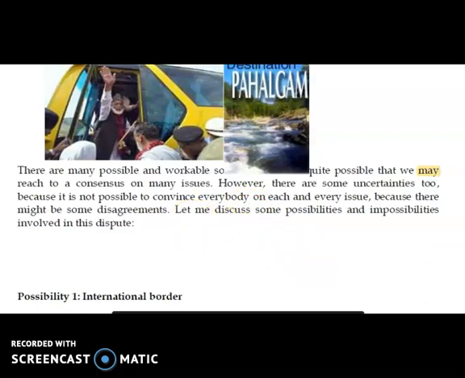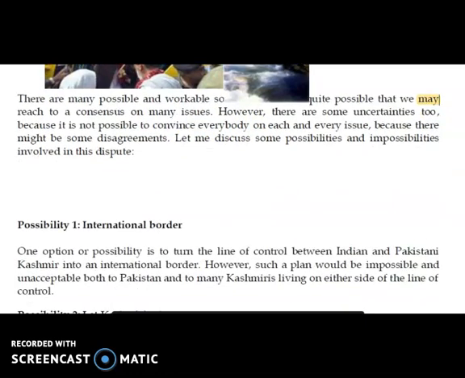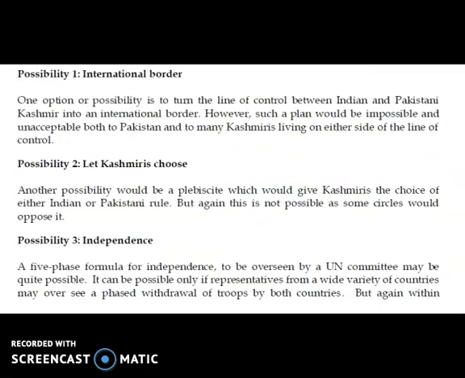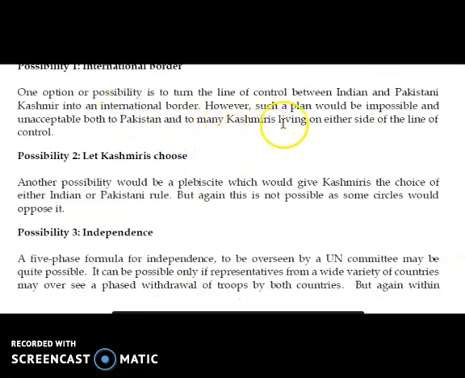So these are different situations which may interpret and which may express the state of possibility or impossibility. We are continuing with the use of all these possibilities is to turn the line of control between India and Pakistani Kashmir into an international border. However, such a plan would be impossible and unacceptable both to Pakistan and to many Kashmiris living on either side of the line of control, right?